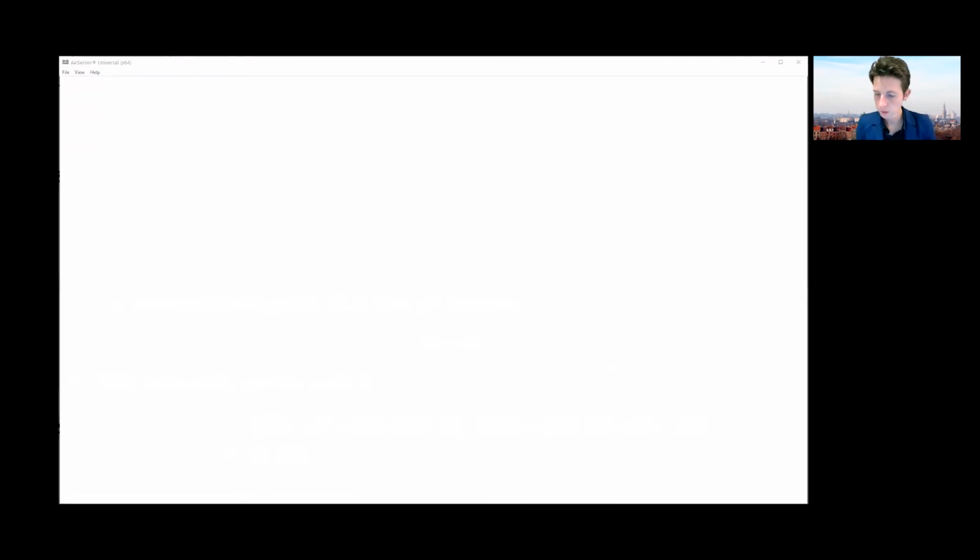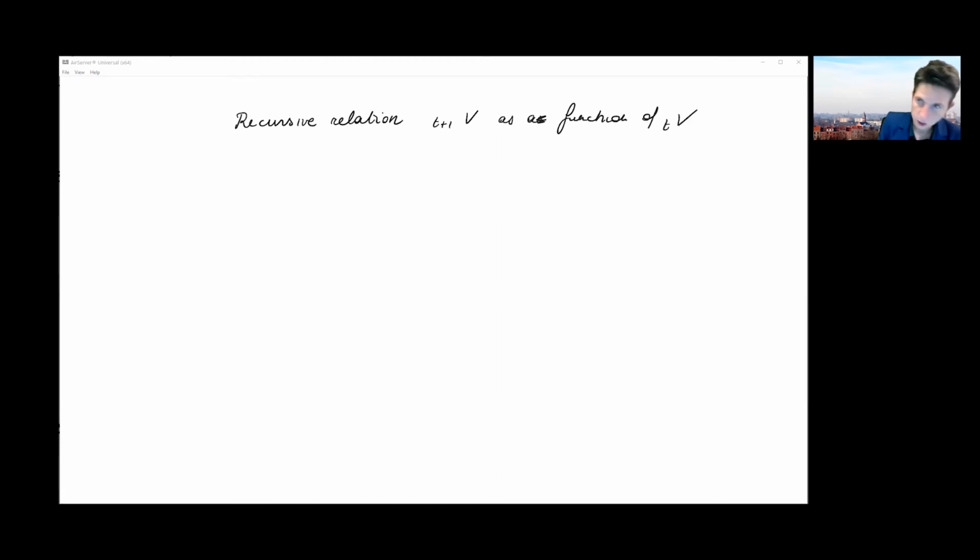So my starting point in this derivation is the recursive relation as we derived it, the recursive relation that gives me t+1 V as a function of tV. That's what we did in the first hour of today.